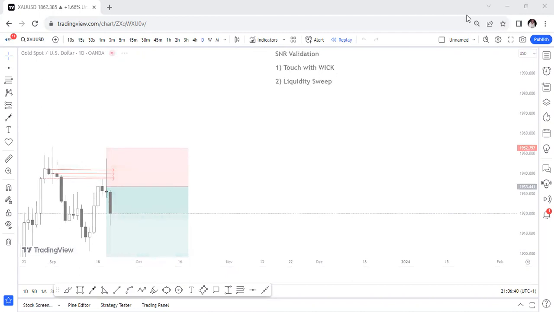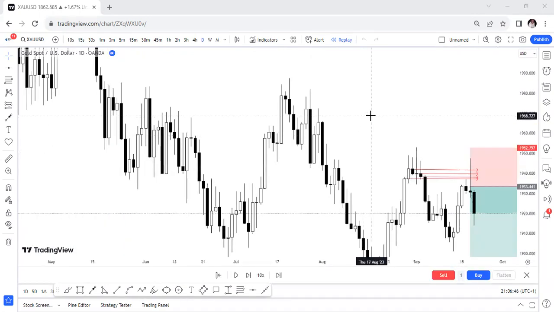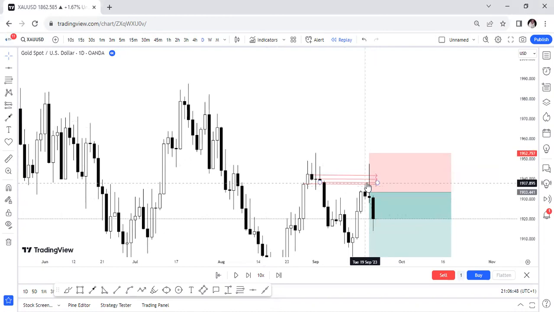Once you see that, it confirms that the SNR is a valid entry level. Like this one now, it touches with a wick. This one, then this one, touches it with a wick, so it confirms that the level can be traded.